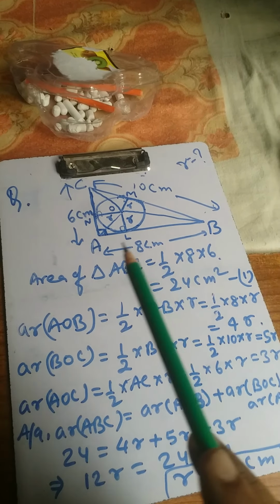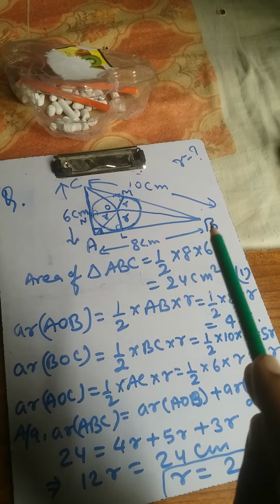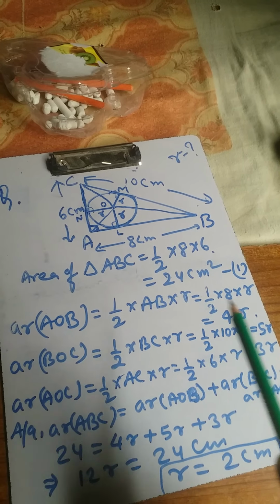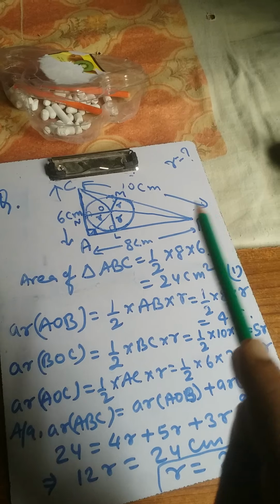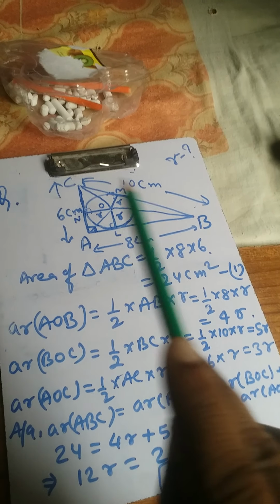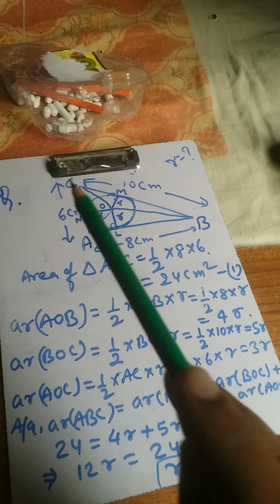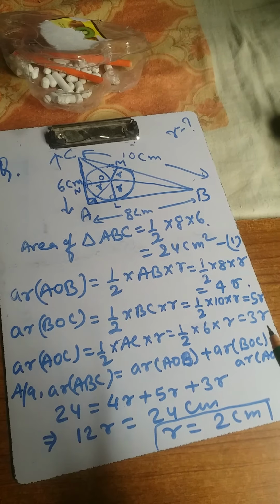First separately we find the AOB area. AB is the base, r is the height, half into AB into r, half into 8 into r, that is 4r. BOC area: BC is the base, r is the height, so half into 10 into r, that is 5r. AOC area: AC is the base, r is the height, half into 6 into r, that is 3r.